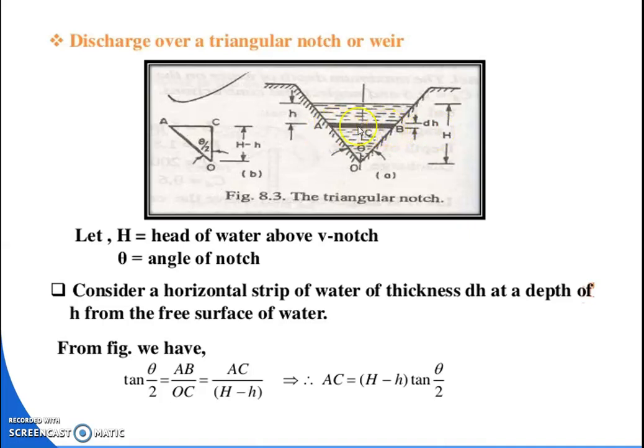This is the AB strip having thickness dh, and we are going to find the area of this strip. This AB is at a depth of small h from the top surface of the water sheet, or the nappe.